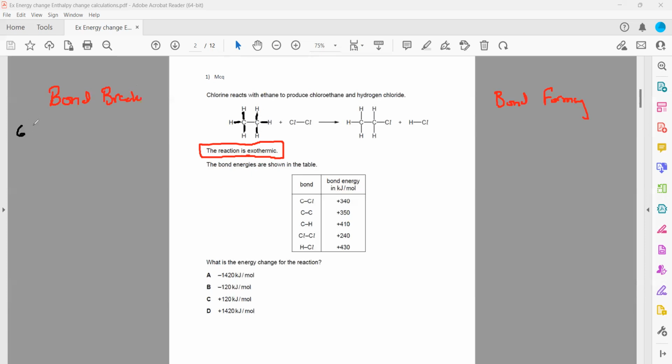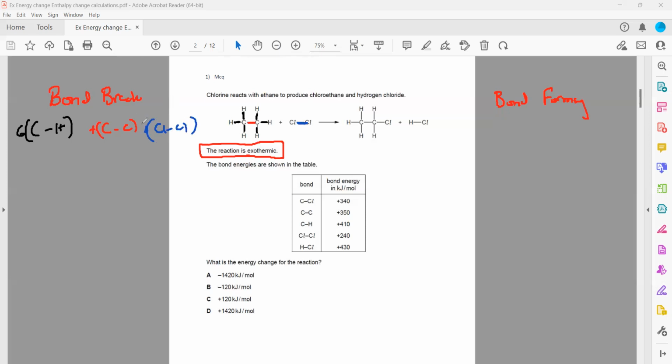So there are 6 carbon-hydrogen bonds. Then we have a carbon-carbon bond, and then one chlorine-chlorine bond.